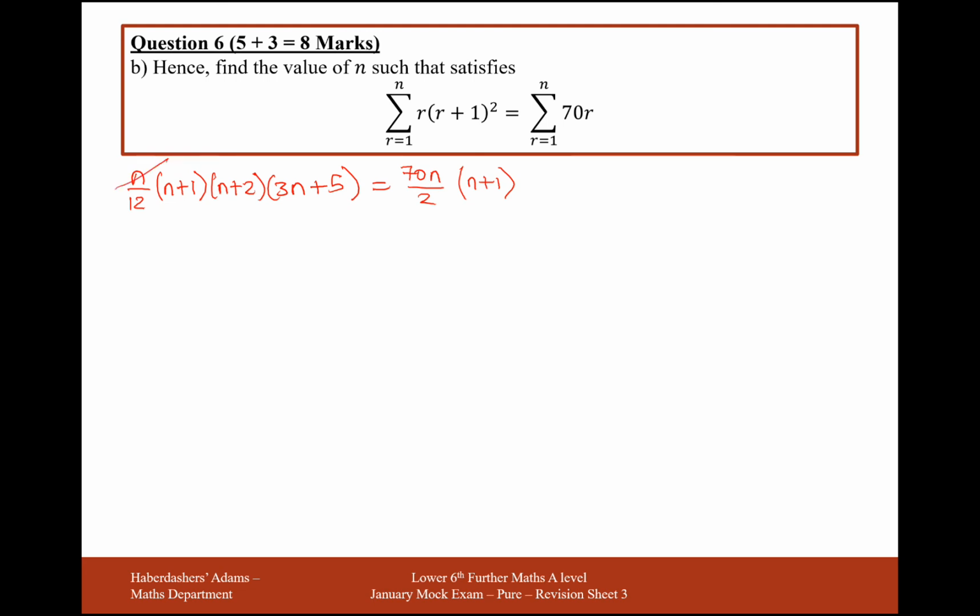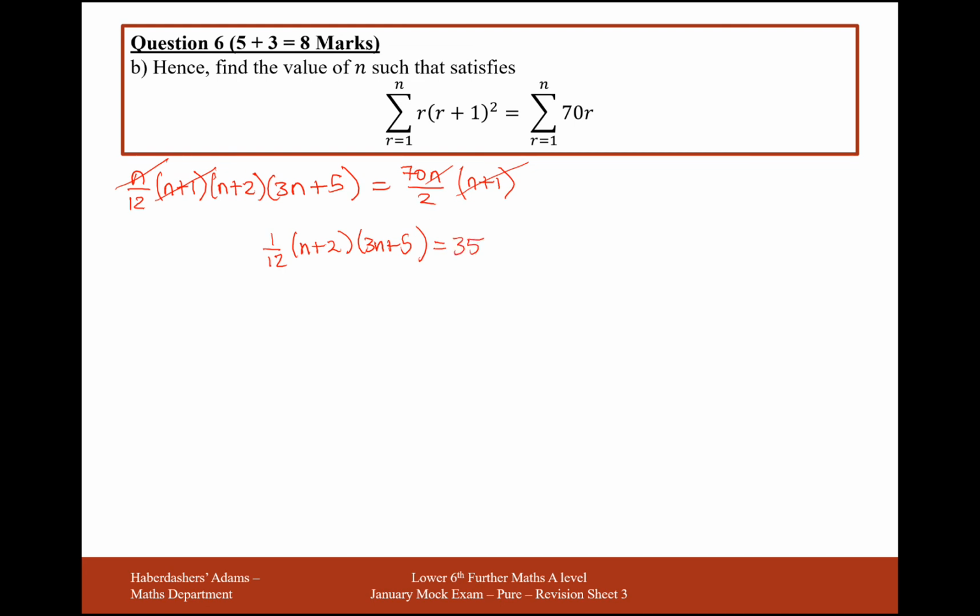Now I'm going to cancel out n's on both sides, given that n is non-zero. Cancel out n plus 1's on both sides, and all of a sudden I have 1 over 12 n plus 2, 3n plus 5 equals 70 divided by 2, which is 35.